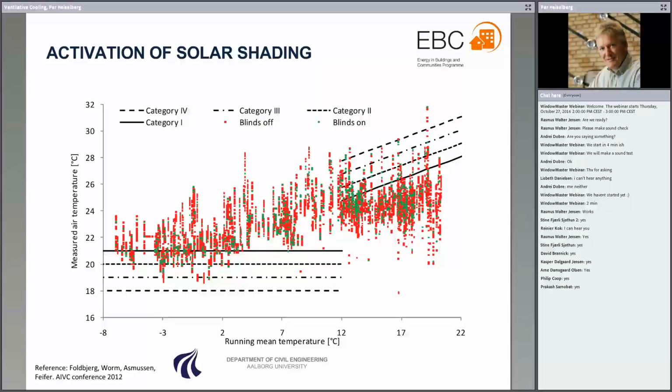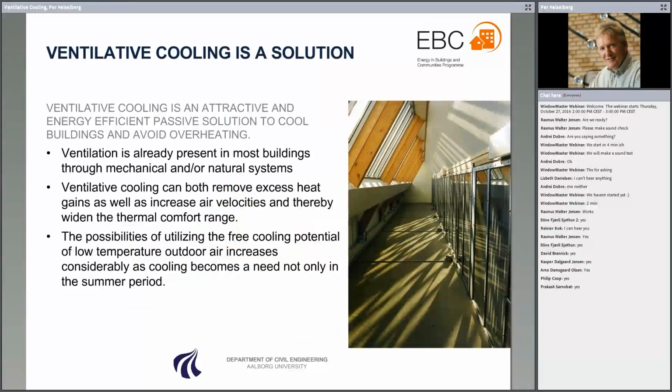So users do not, you could say, activate the system to reduce temperature, but they maybe activate the system to ensure privacy or to avoid glare or to get some fresh air. So we have a challenge, you could say, to educate people to use technologies to fulfill the goals they have for the indoor environment.